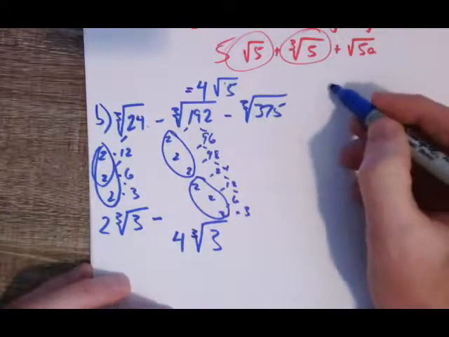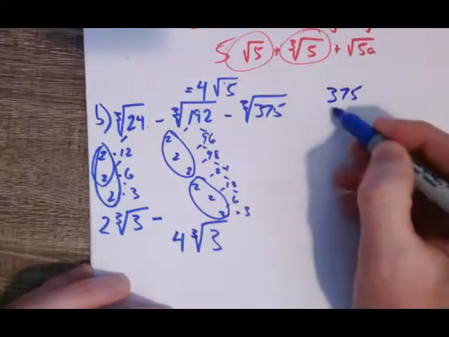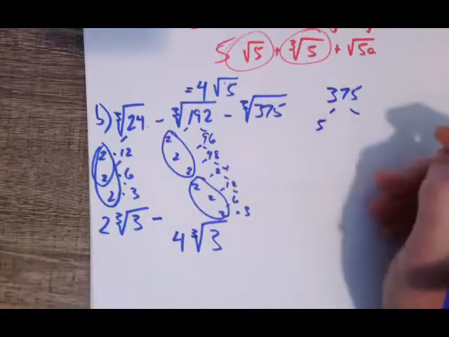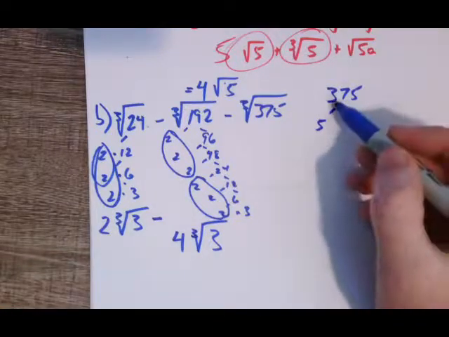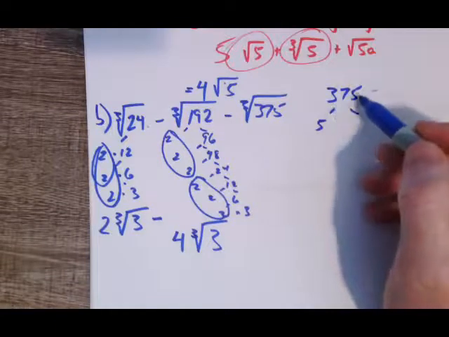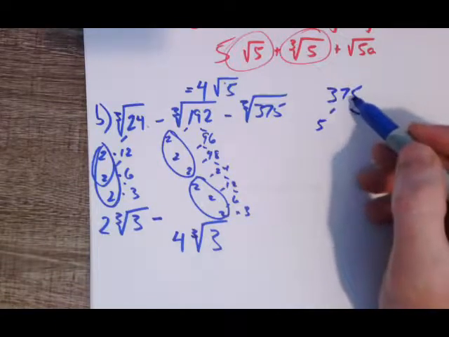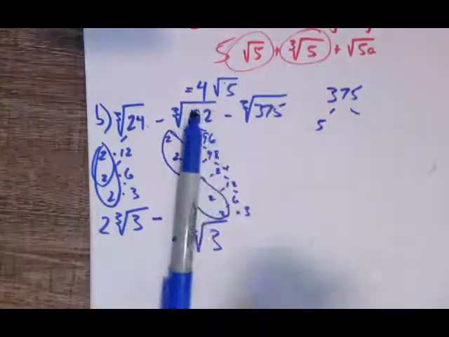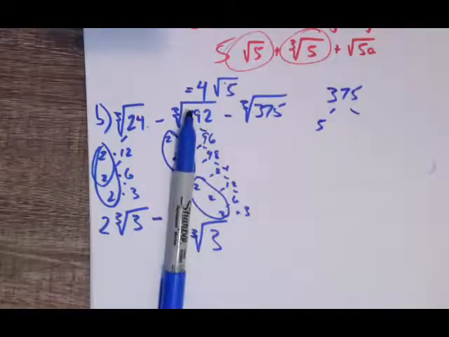375, I'm just going to start a little higher because I have a feeling it's going to take longer. 5 goes into that how many times? 5 goes into 75, 15 times. Is it 67? Let's just make sure. 5 times 67 is 335.